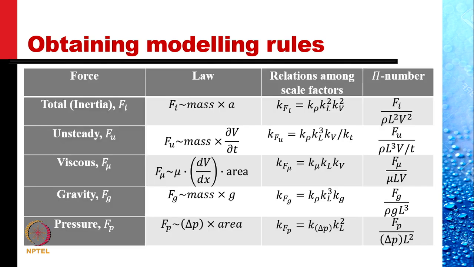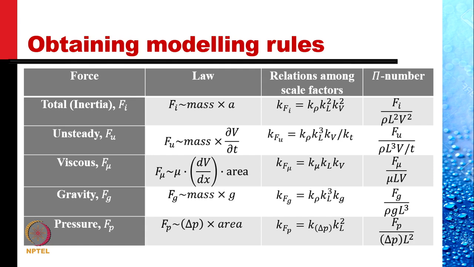As we did in the last class, we first obtained the relationships among the scale factors for each of the forces and then wrote down the corresponding pi numbers. For example, the total or the inertial force Fi is governed by the law that this is equal to mass times acceleration.